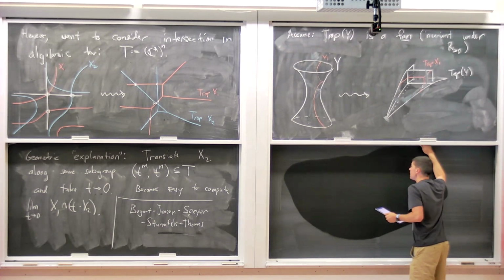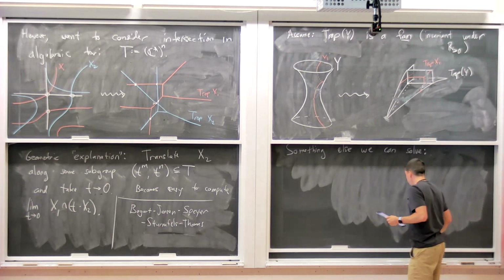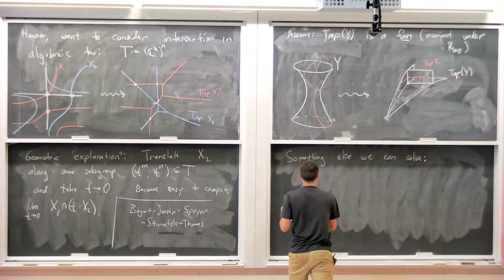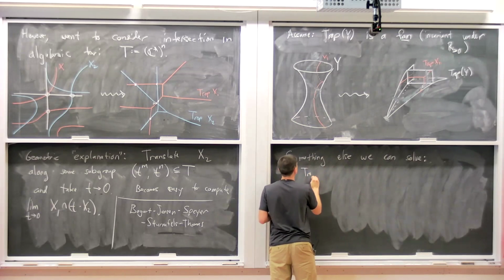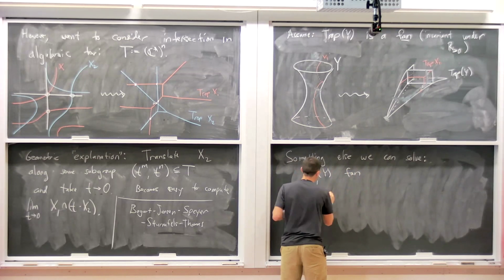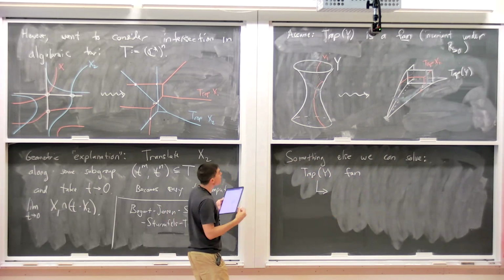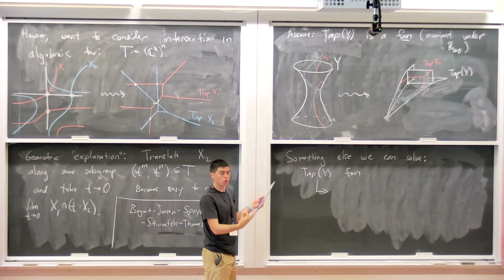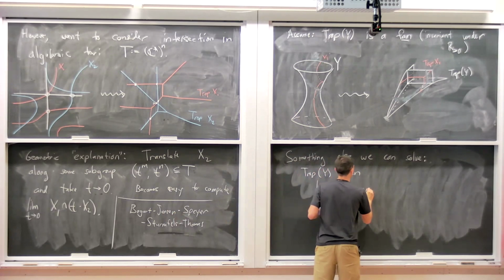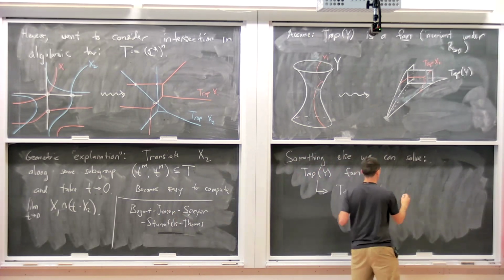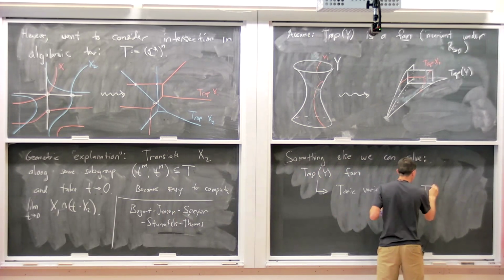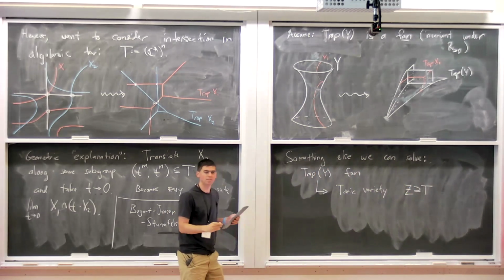Now in that case, we get for free some structure. Okay, so if trop Y is a fan, then many of you know that to a fan we can associate a toric variety. Okay, so we get a toric variety, maybe I'll call it Z, which compactifies the ambient torus that Y lives inside of.